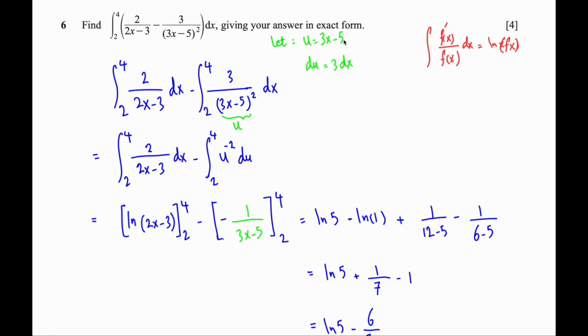So if u is 3x minus 5, therefore du is the derivative of the right hand side, which is 3 dx. So the 3 dx here can be replaced by du, and 3x minus 5 is replaced with u. Since the power is 2 and since it's in the denominator, you bring it up, and it becomes -2.